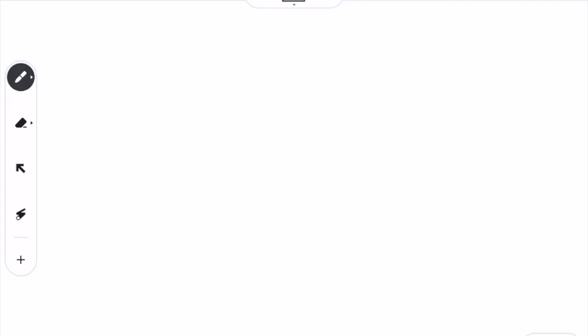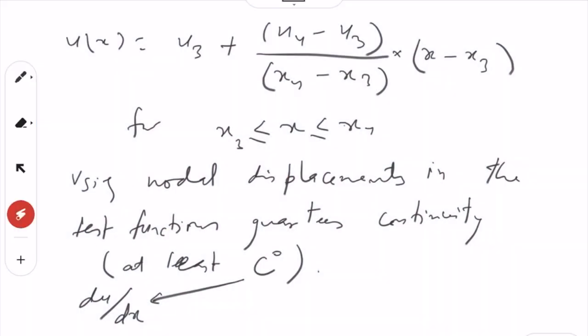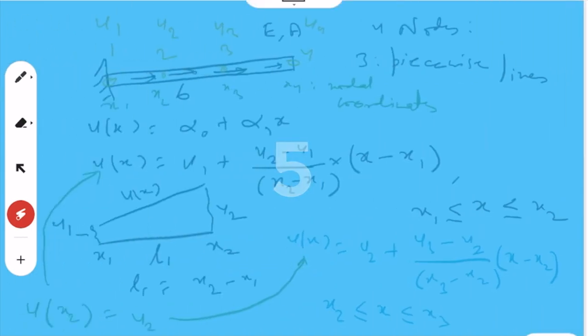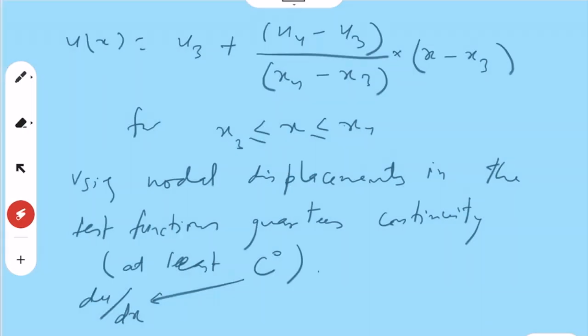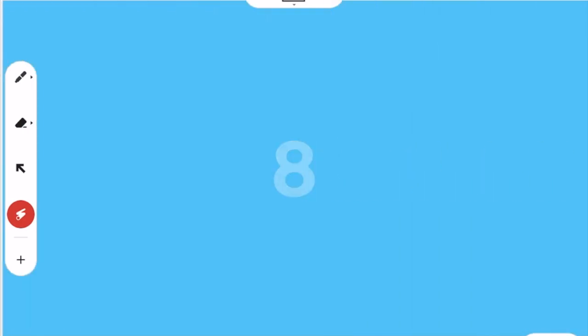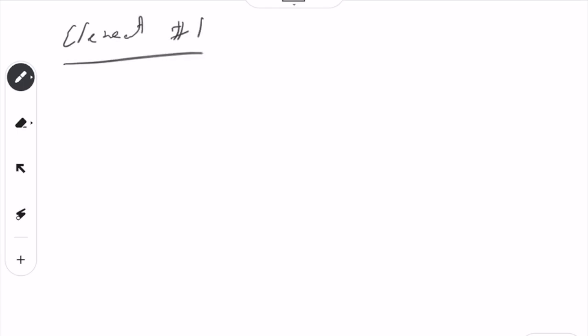Instead of what we did earlier, we will write for element number 1, which really means x greater than x1 and less than x2.